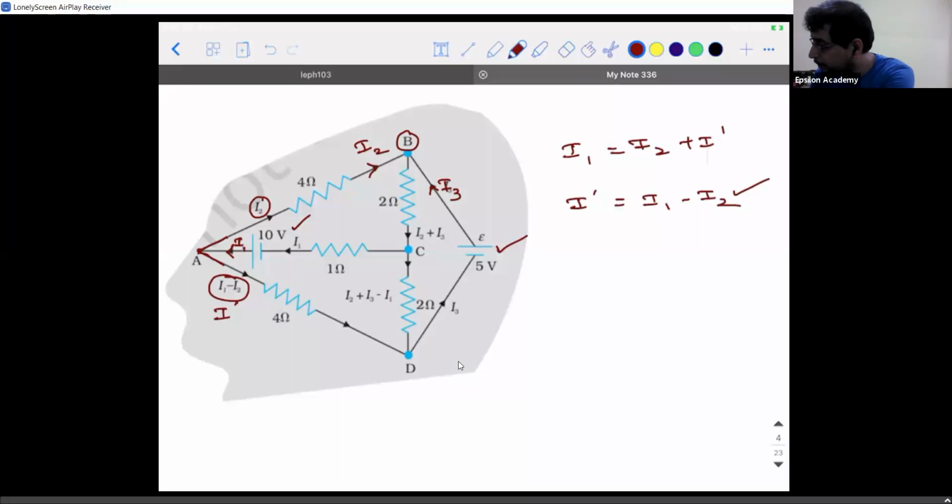This partial current I2 came from I1 and I3 is the current supplied by the 5 volt battery. So I2 and I3 are reaching towards the junction B. If the currents are reaching the junction B, there should be some current leaving from there. The current leaving the junction will be equal to the sum of the currents entering the junction. That is why it is I2 plus I3.